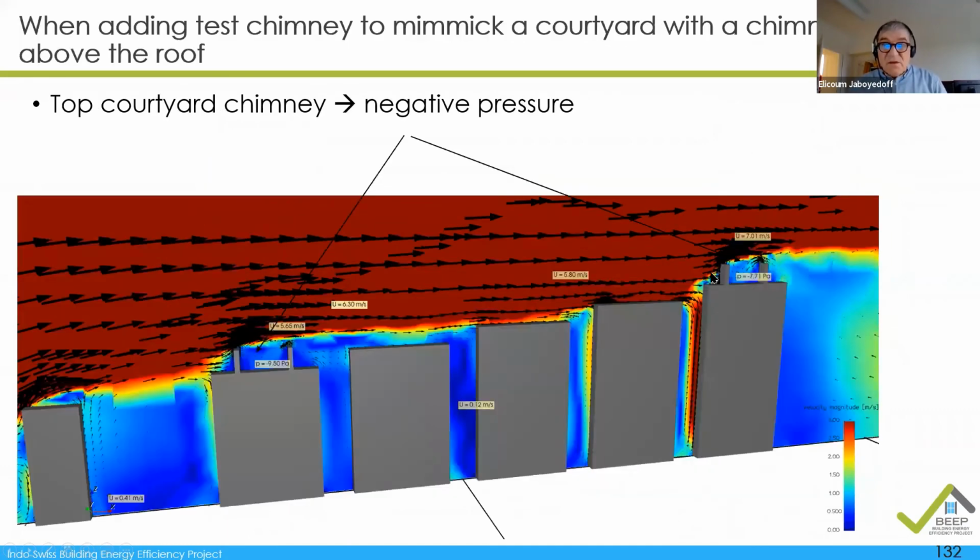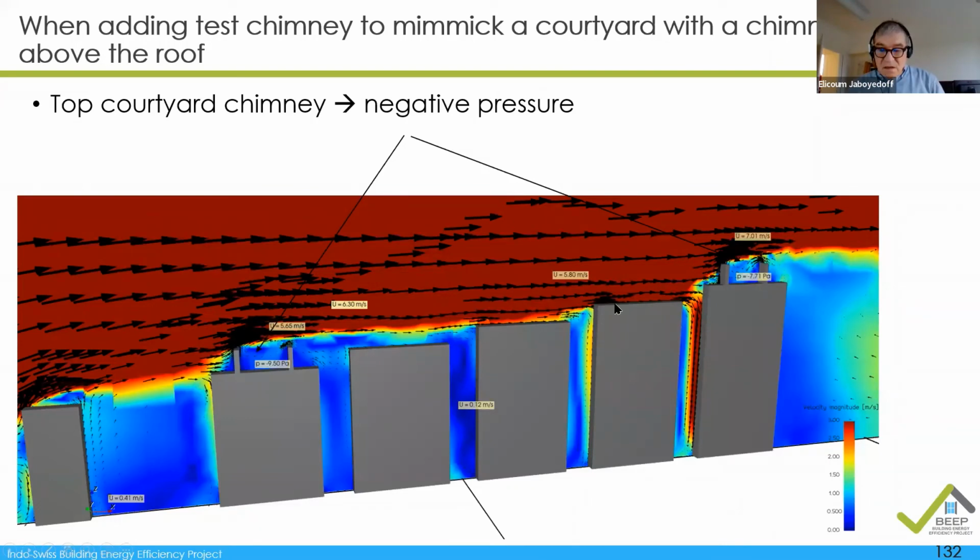Now if we look in more detail, you can see that with the top courtyard, which is just a mimic here because we don't want to simulate all the building in detail to start with, we just look at the impact. We can see that we are getting a negative pressure between 8 and 9 Pascal.